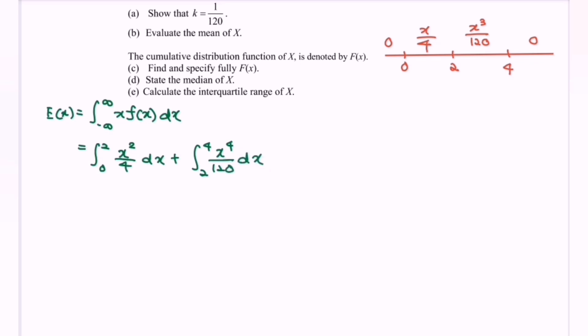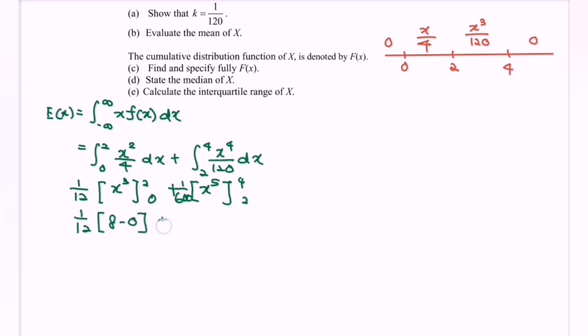Integrating, we have x to the power 3 over 12, limit to 0, and continue, x to the power 5 over 600, limit for 2. Substitute: 2 to the power 3, we have 8, minus 0, plus 1 over 600 times 4 to the power 5, which is 1024, minus 32, because of 2 to the power 5.